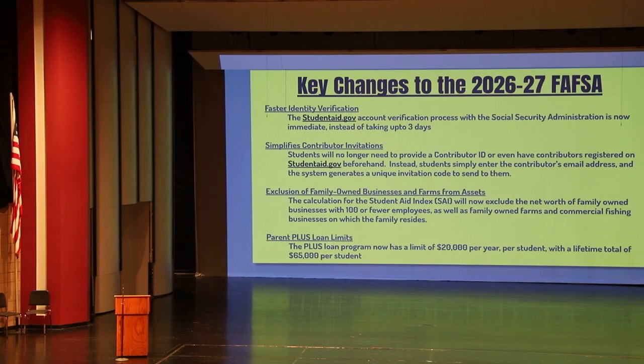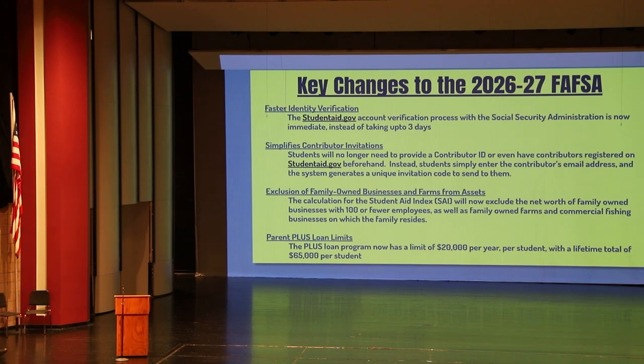Some key changes: the federal government tweaks the FAFSA a little bit each year. If you happened to be here last year, I talked about things that have changed since then, but there are key changes. One being the FAFSA identification process. Last year I was telling everyone to create a login, create an account as soon as possible.